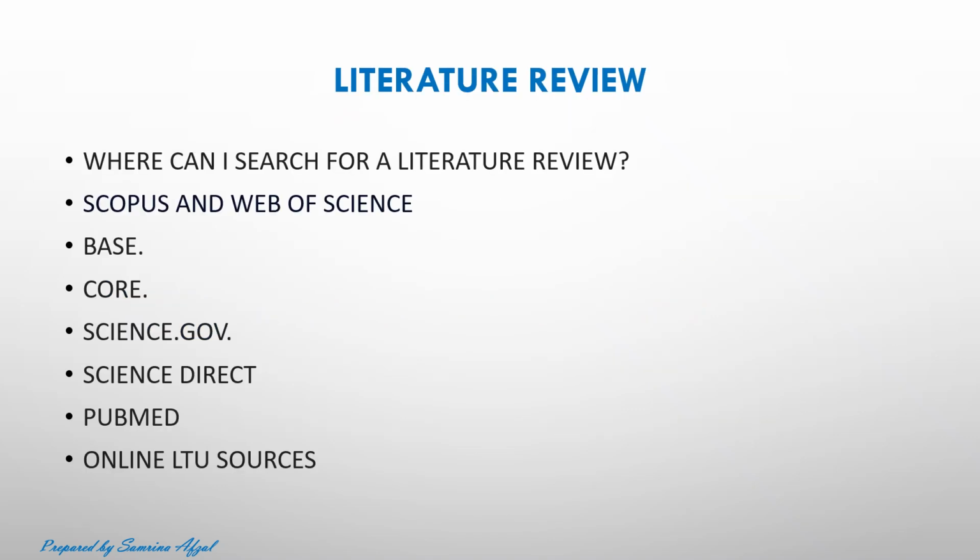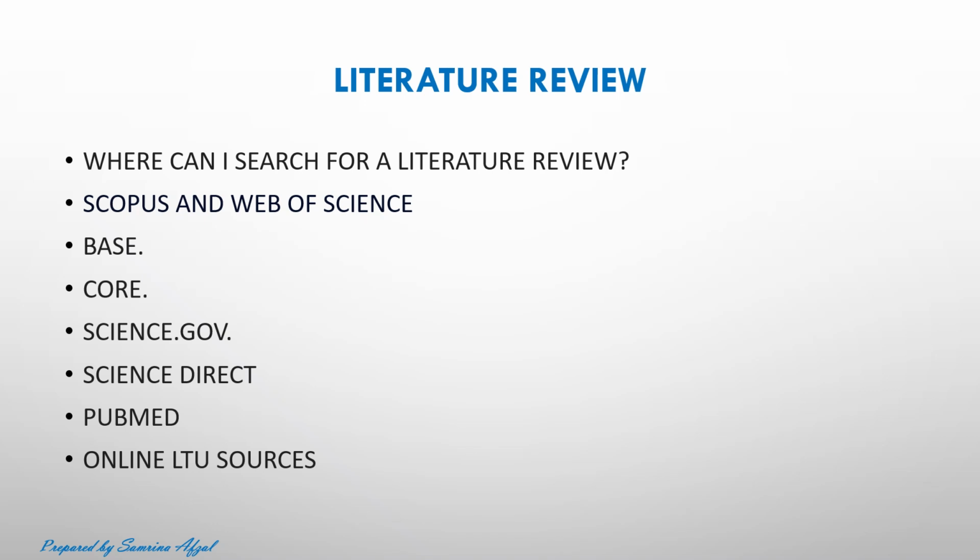You can see on this slide, this slide is basically for understanding where the students can search for data to write and understand the literature about the specific given topic. So the students can go through Scopus and the Web of Science, CORE, government sites.